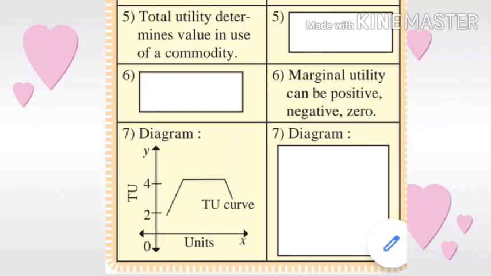But in marginal utility, first it is falling, then is 0, becoming negative. So you will start the curve moving downwards. It will touch x-axis indicating 0. Then it will go below the x-axis indicating negative. And you will mention over there MU curve.